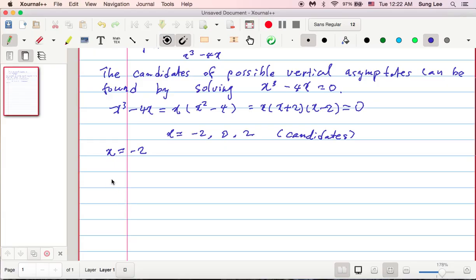To see that, we will have to calculate the left-hand limit and right-hand limit of the function at x equals negative 2.